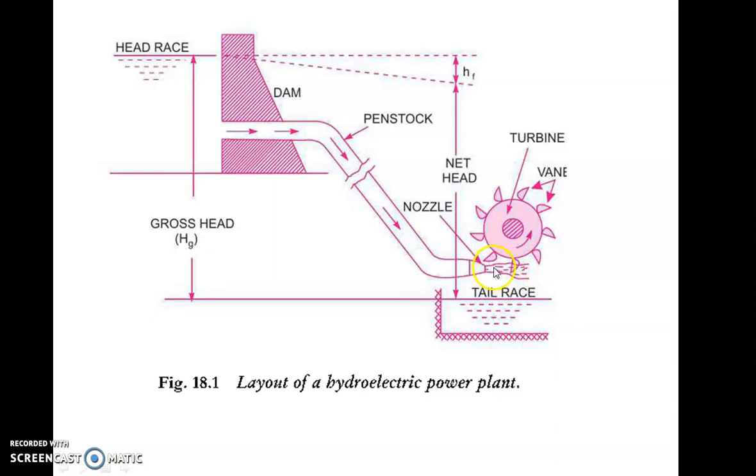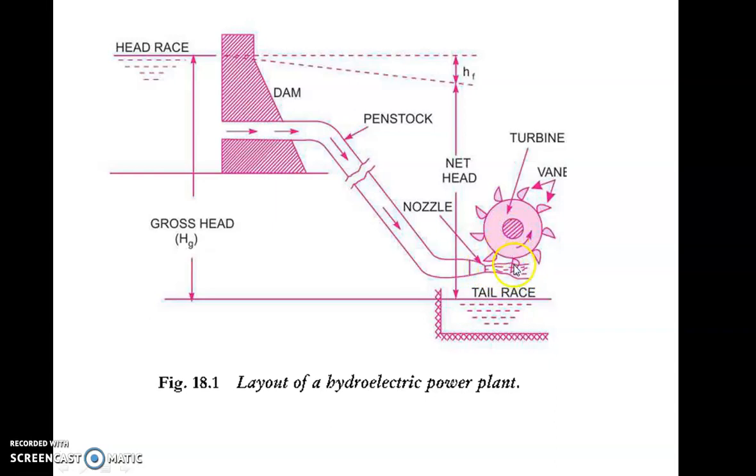And lastly, when this bucket is rotating, the shaft is rotating and you are getting the output power, that is called the shaft power. So there are three powers: input power, also called water power, then runner power, and then the last one, shaft power.